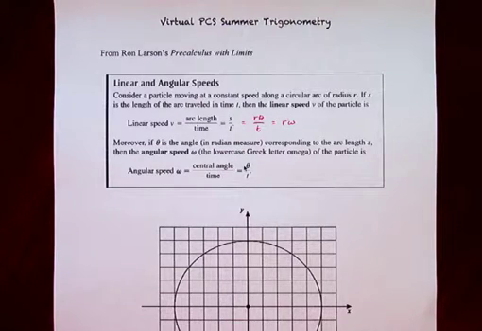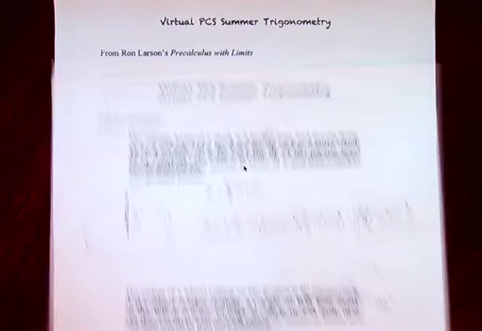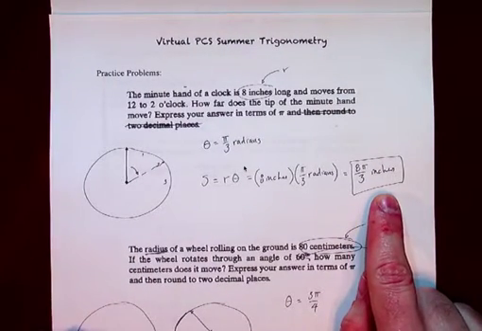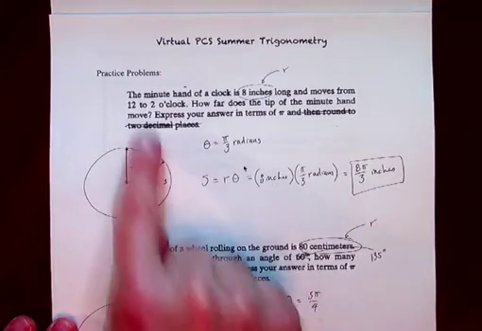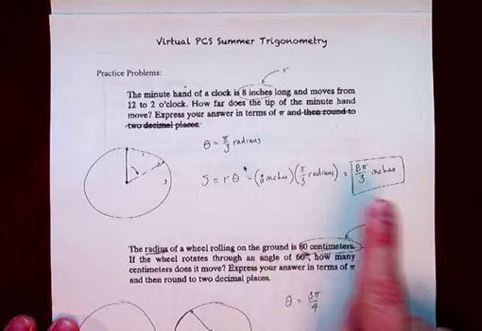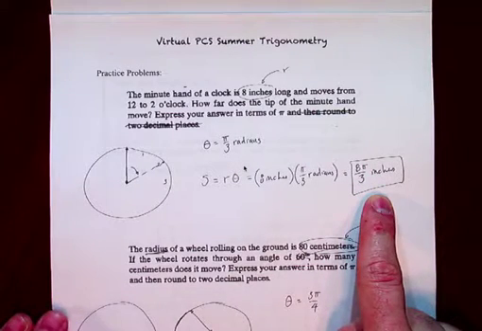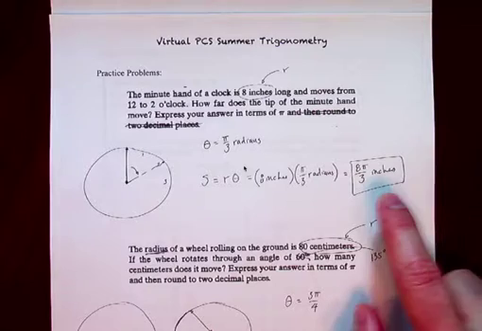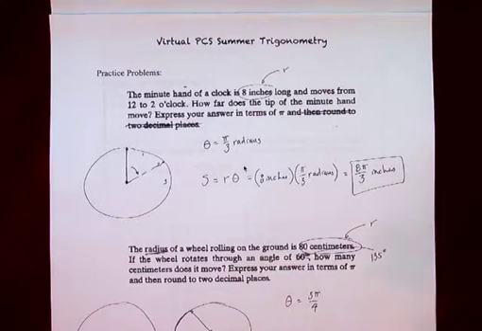So we could go back here and talk about the minute hand of the clock and the fact that it moved from the 12 o'clock to the 2 o'clock. It moved 8 pi over 3 inches. But it moved that distance in a particular time, right? And of course it's a clock, so it doesn't matter how far it moves, it's always moving at the same speed, right?